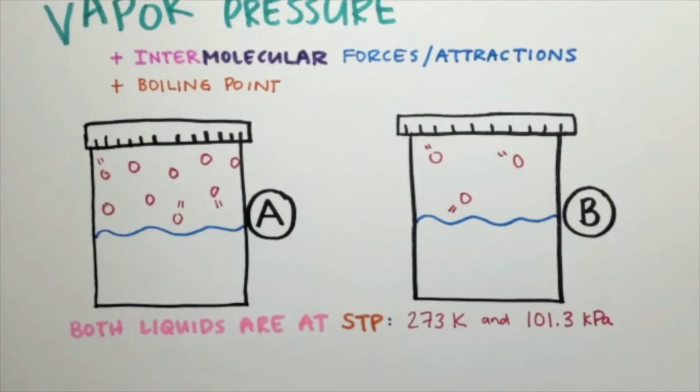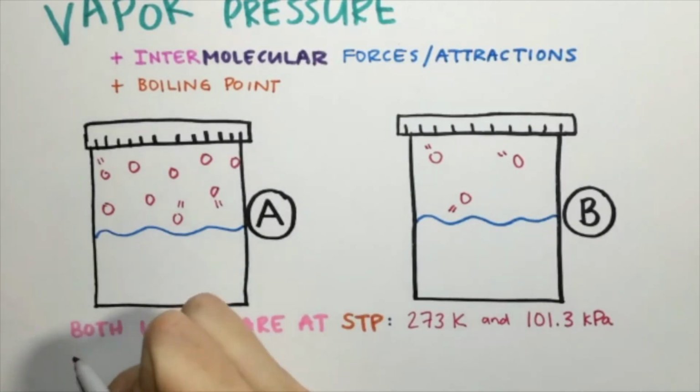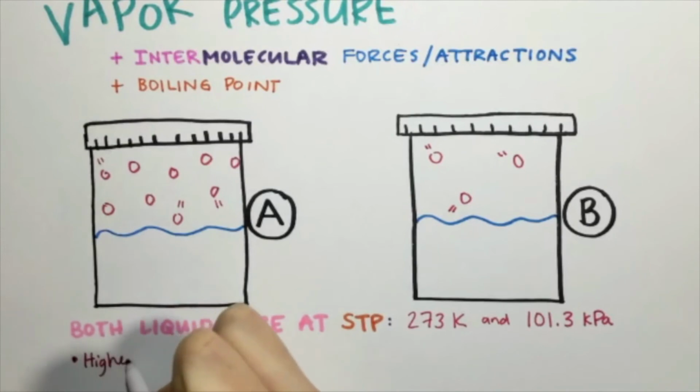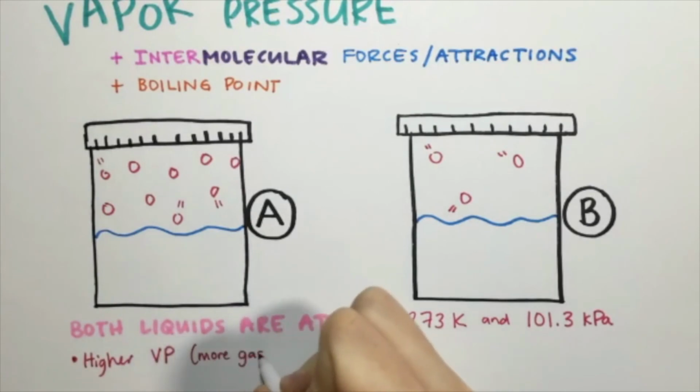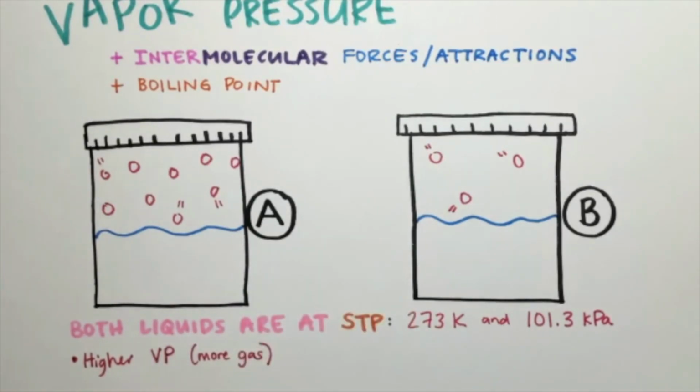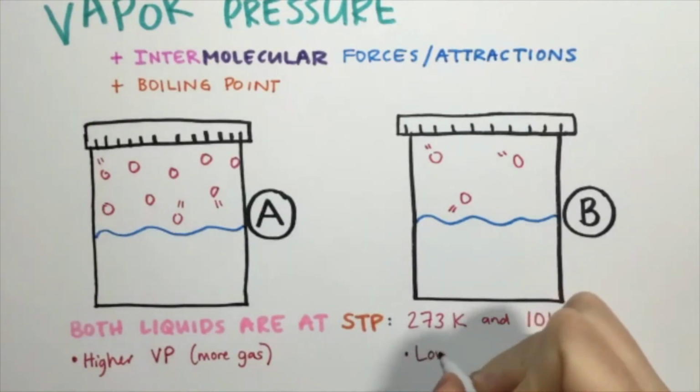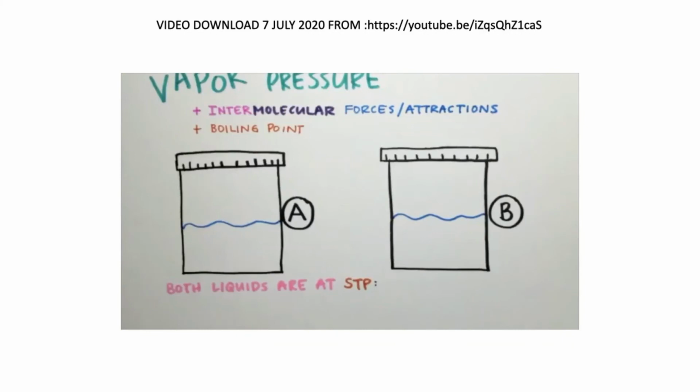So when comparing liquids A and B based on these drawings, liquid A has the higher vapor pressure, or VP, simply because it has more molecules in the gas phase sitting above its liquid. Therefore, B has the lower vapor pressure.